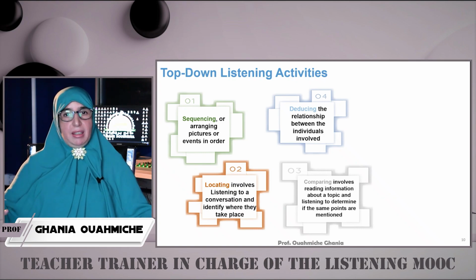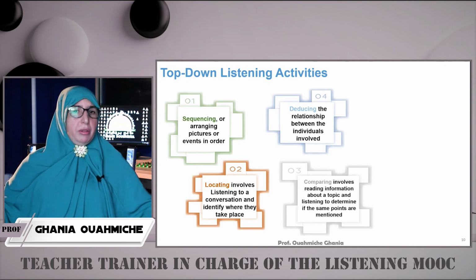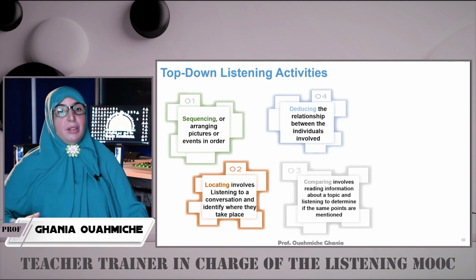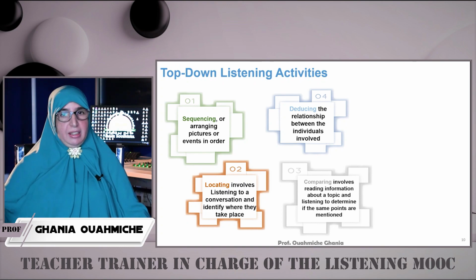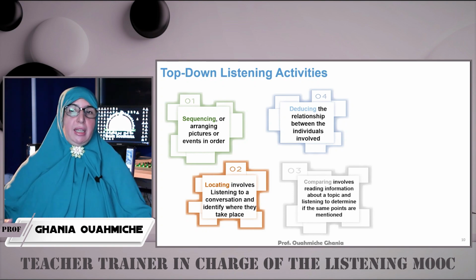These are some activities illustrated in the scheme here that I will sketch out. First, you have sequencing, or arranging pictures of events in order, and the second activity is locating, which involves listening to a conversation and identifying where it takes place.